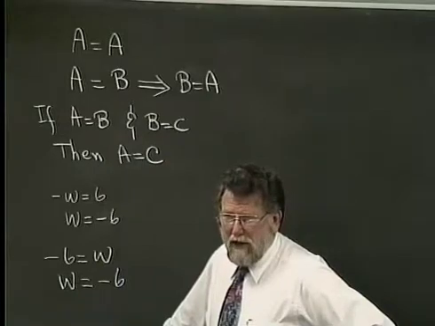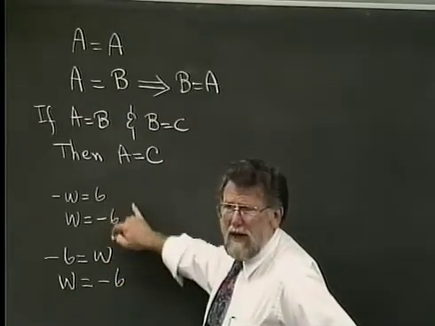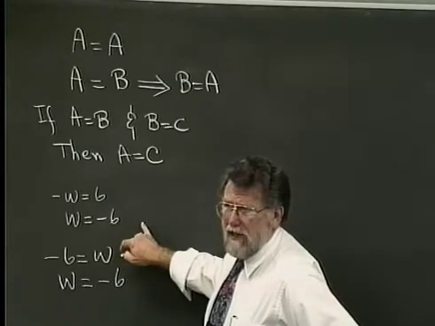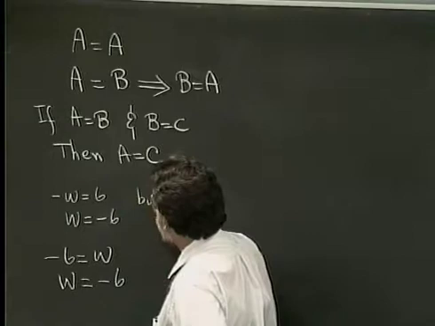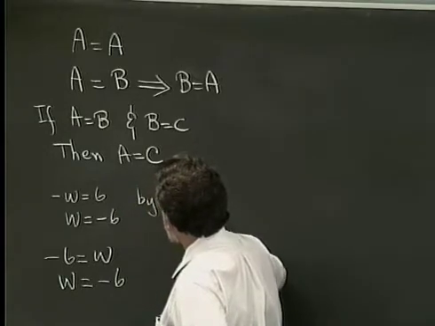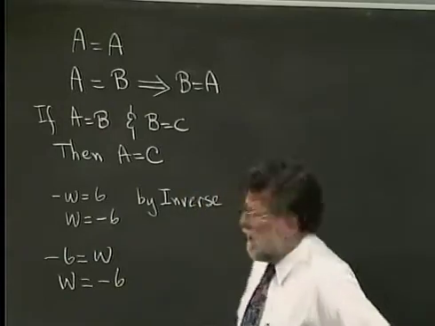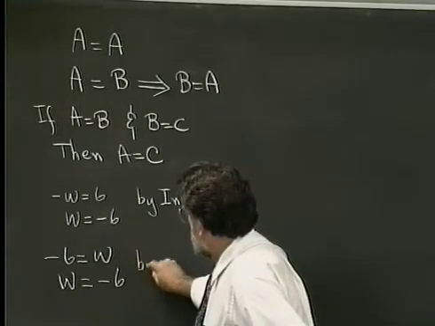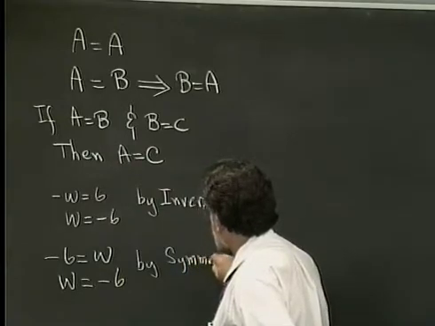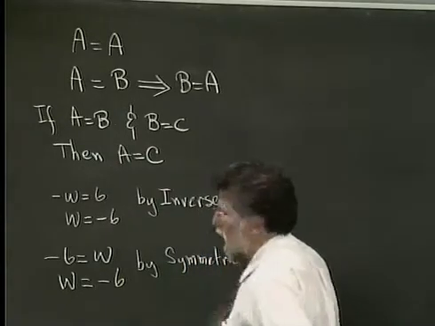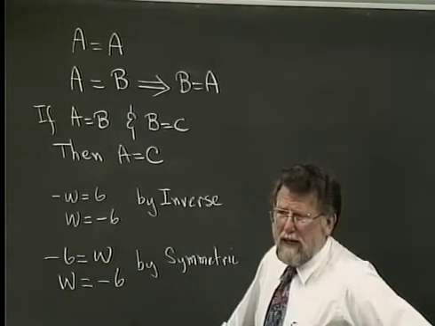There's a subtlety there. This is by a property of equality. This is by the inverse property of the real number system. So this used the inverse property of real numbers. This was by the symmetric property of equality. And it's just to be aware of what's allowing you to make a statement.